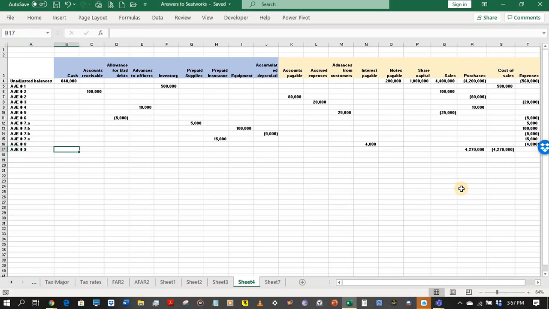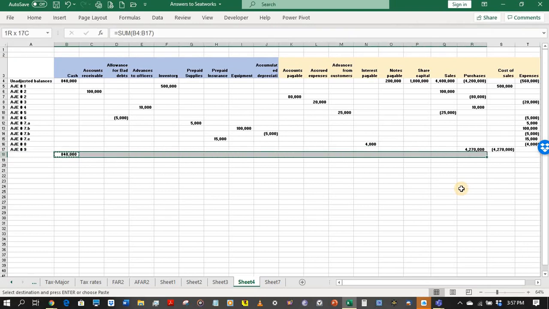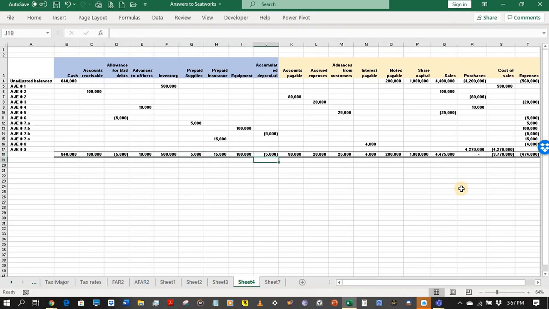Yan. So, gawin na nating get all the balances. Then, check natin kung magbabalanse. So, balanse. So, 1,560,000 total assets. Then, total liabilities and equity is also 1,560,000. So, how much is the net income?